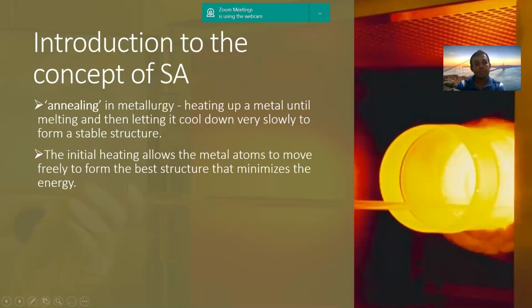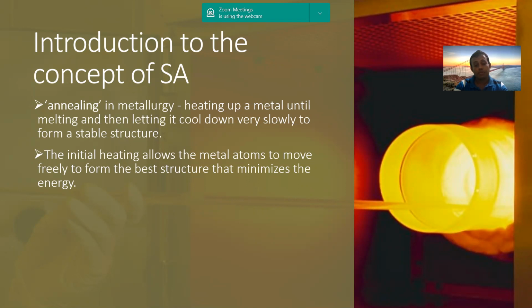We discuss convergence criterion, the criterion we can use to stop the simulation, and also advantages and disadvantages of this method. So this term annealing comes from metallurgy, where we heat a metal until it melts and then let it cool down very slowly so that it achieves a stable structure. So the secret to achieving this stable structure is that we are giving it at high temperature.